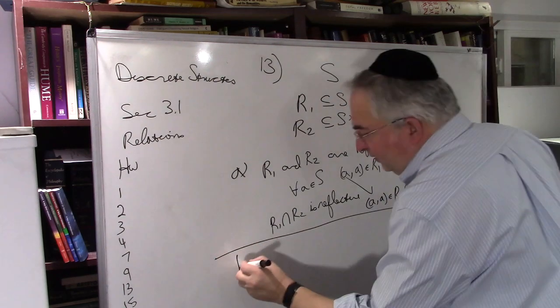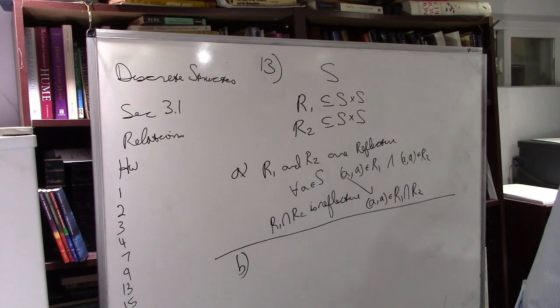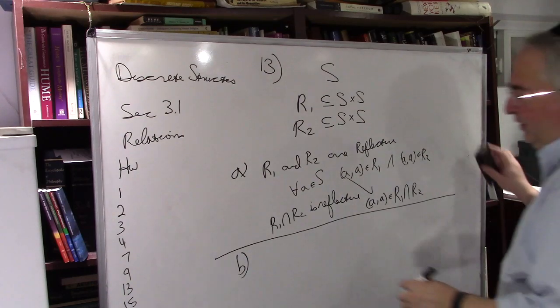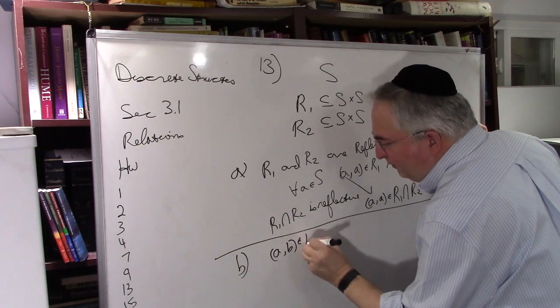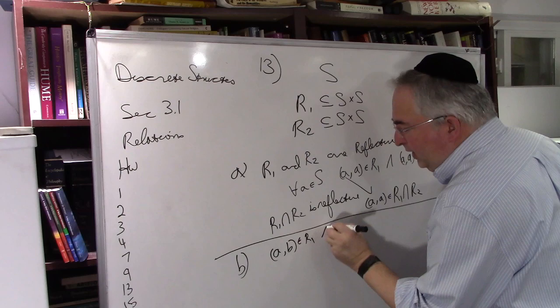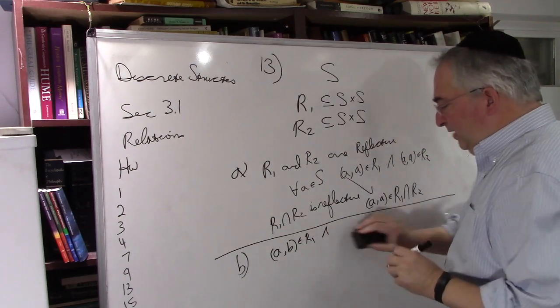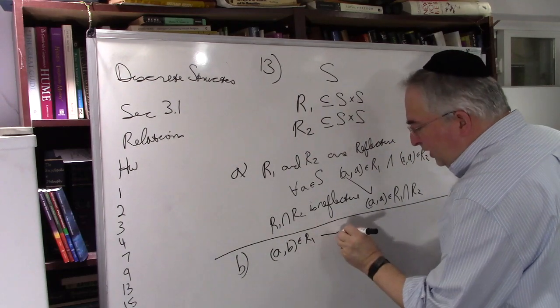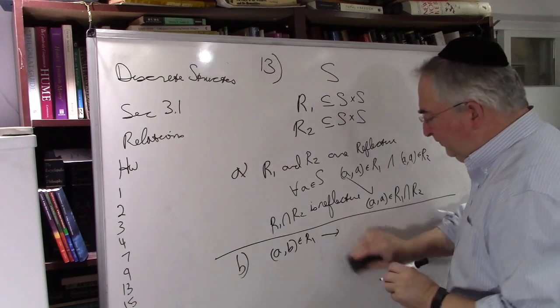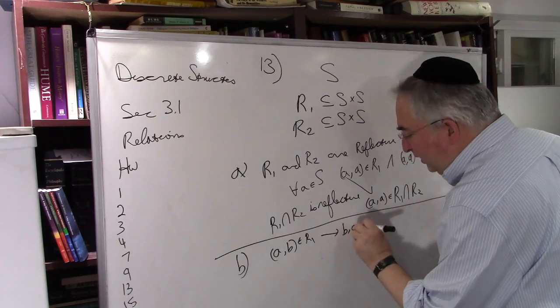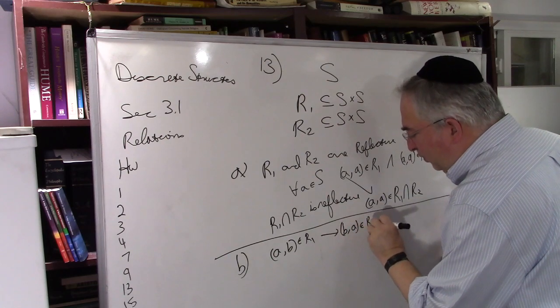Okay, let's do B. If A comma B is a member of R1, that implies B comma A is a member of R1.